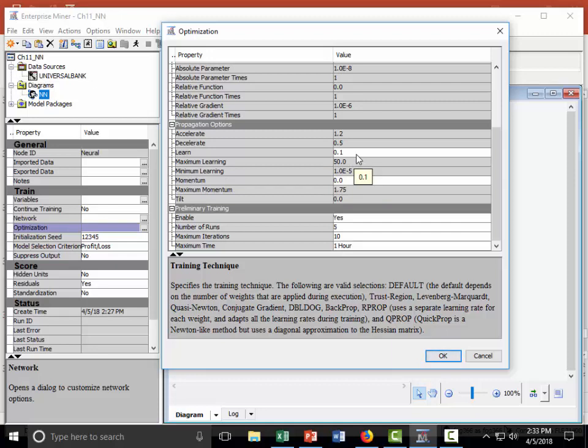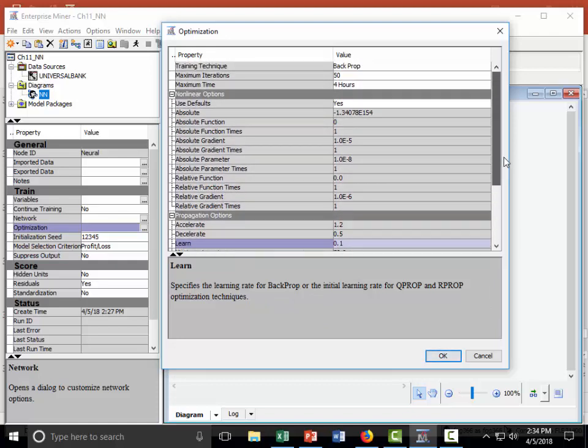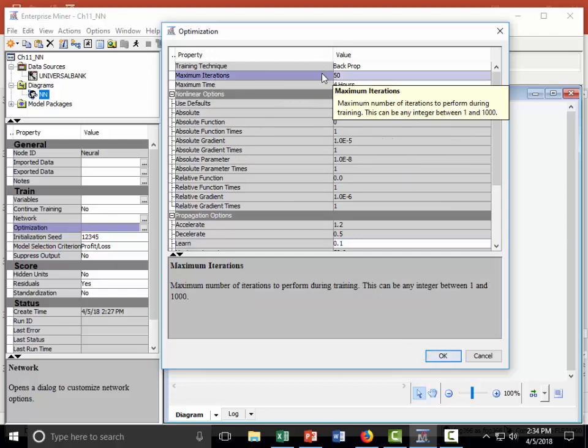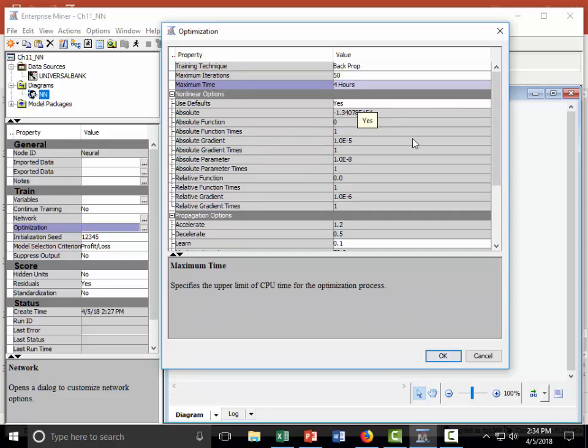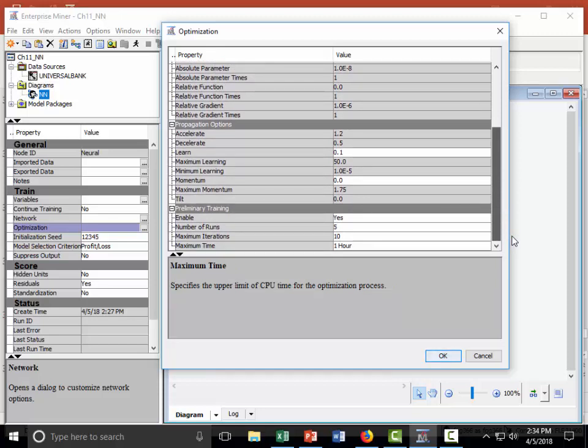And once again, remember we talked about this. What learn rate should you use? It's completely arbitrary. You have to try trial and error, and that's one of the reasons why people don't like backward propagation. Okay, and there are other parameters that you can set: maximum number of iterations, how many epochs you want to run, maximum time, those kinds of things.